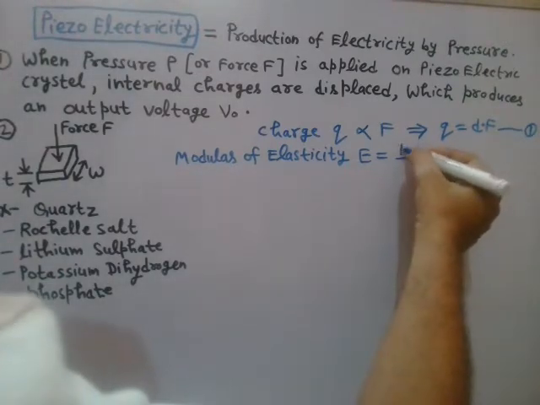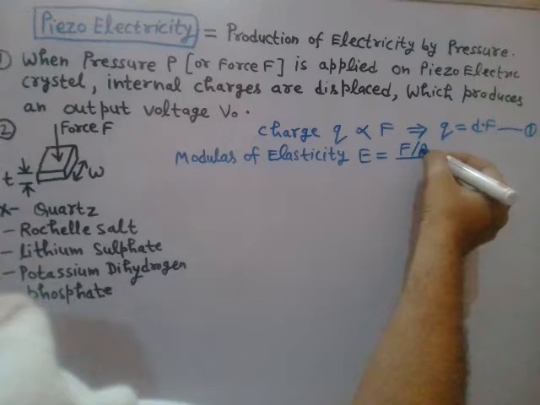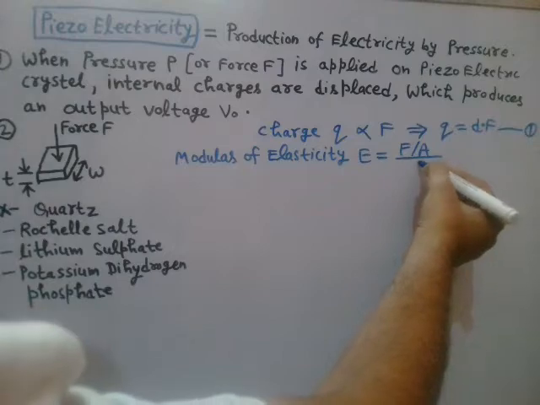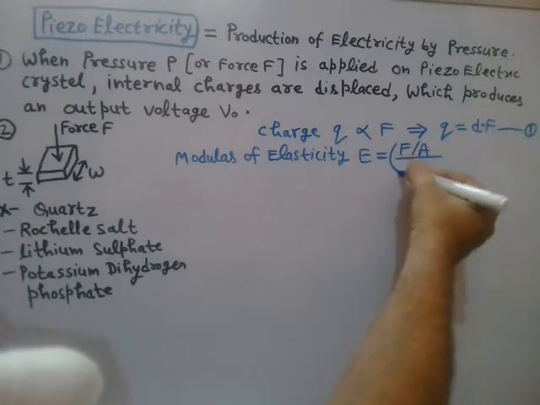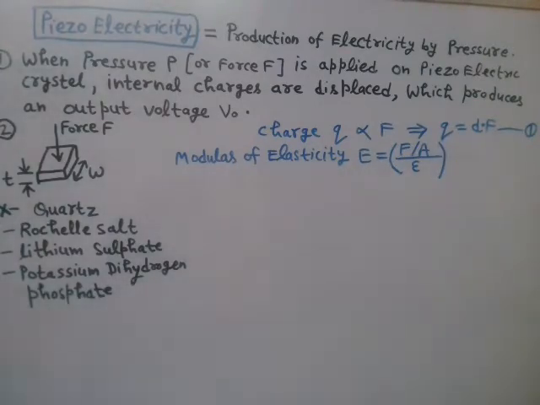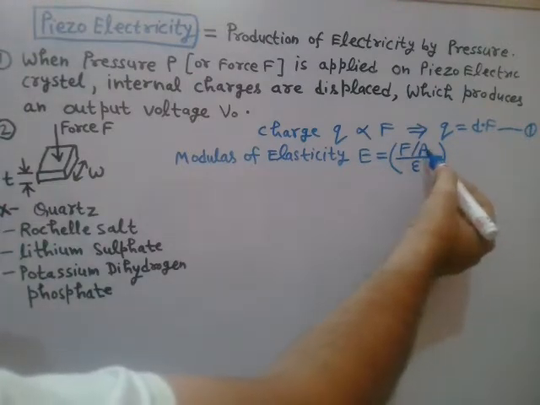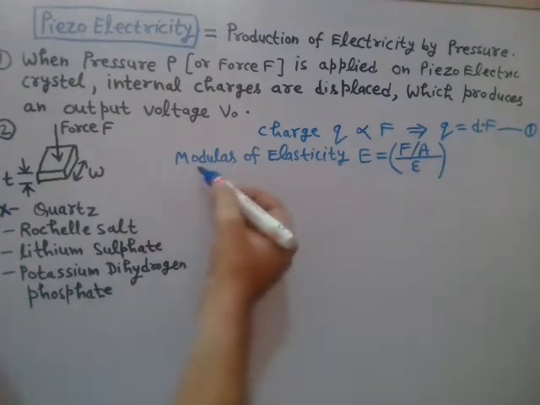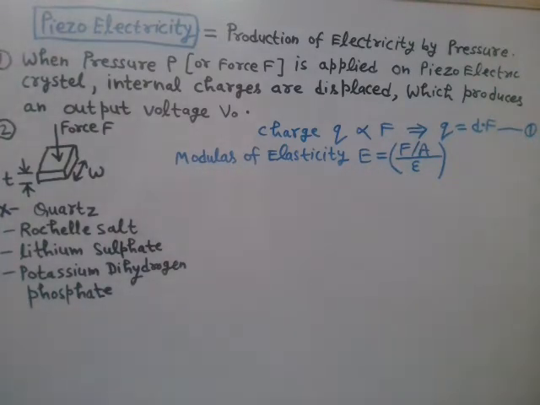Stress is nothing but force divided by area, F by A, that is stress, right? And strain, let me denote strain by epsilon. So stress by strain is modulus of elasticity, that we all know, right? So E is equal to F by A divided by epsilon.